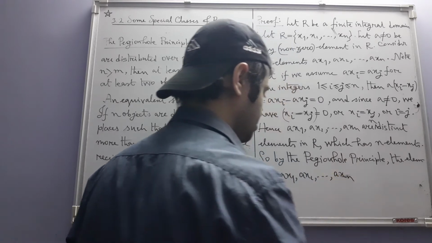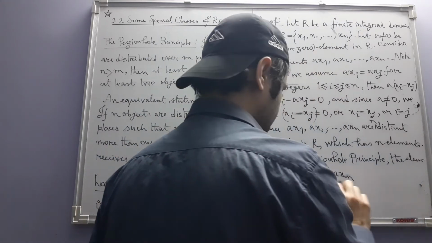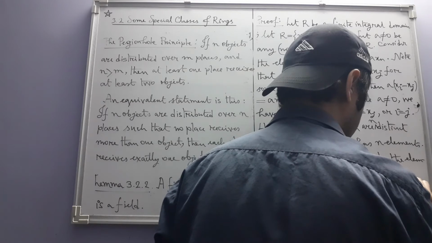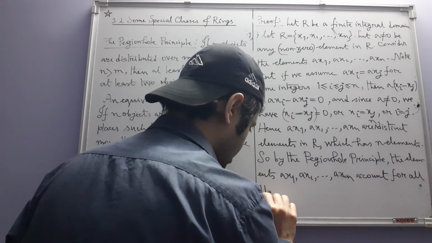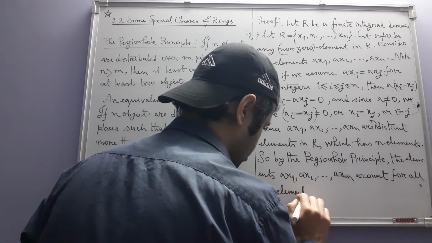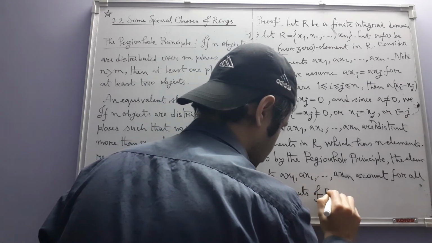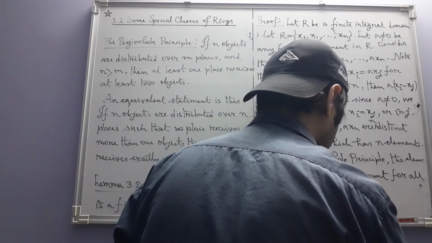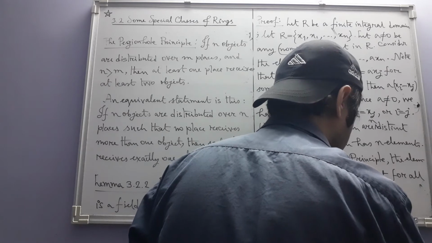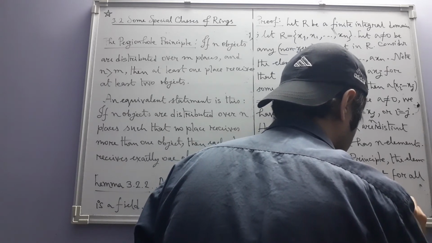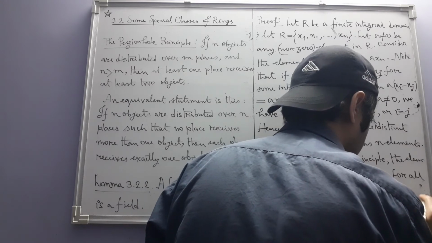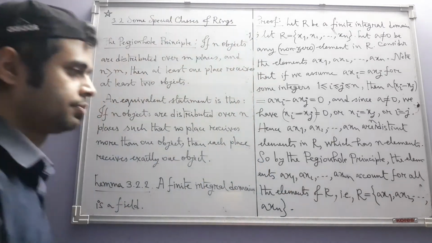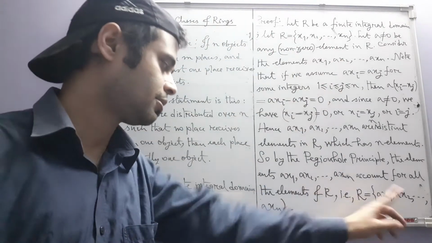Okay, my handwriting is becoming worse and worse. These elements account for all the elements of R. That is, let me write it in this way also so that it becomes clearer: R is equal to this set {ax1, ..., axn}, and R is also equal to the set {x1, ..., xn}.